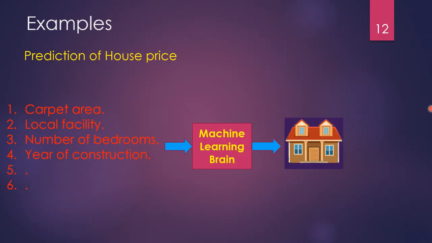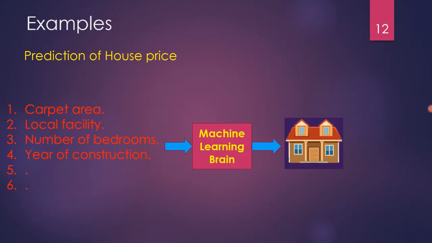Now, what value it should be, you don't know, because the owners are giving the house prices based on their own choice. What you can do, if you have an intelligent model where you give these inputs, the model can say that based on this input, the price should not be more than 40, like 45.